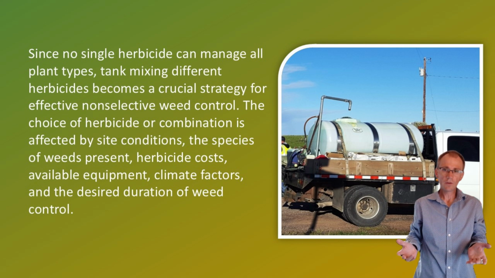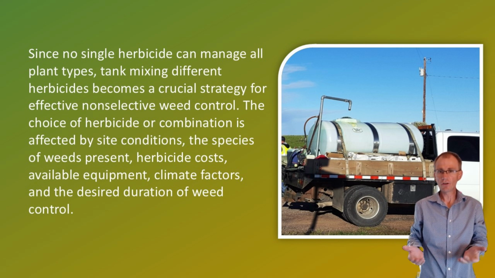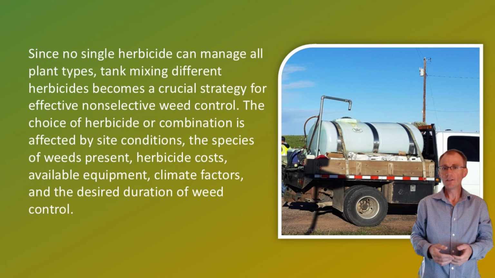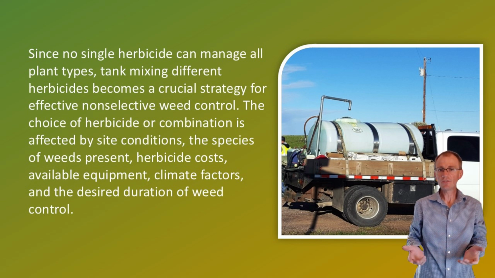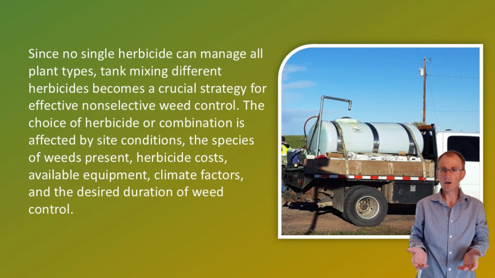Since no single herbicide can manage all plant types, tank mixing different herbicides becomes a crucial strategy for effective non-selective weed control. The choice of herbicide or combination is affected by site conditions, the species of weeds present, herbicide cost, available equipment, climate factors, and the desired duration of weed control.